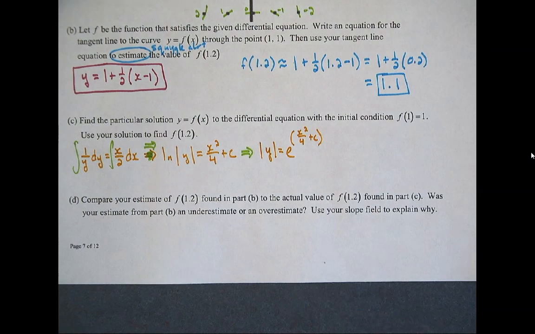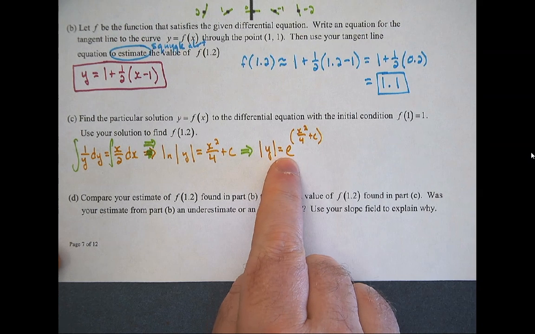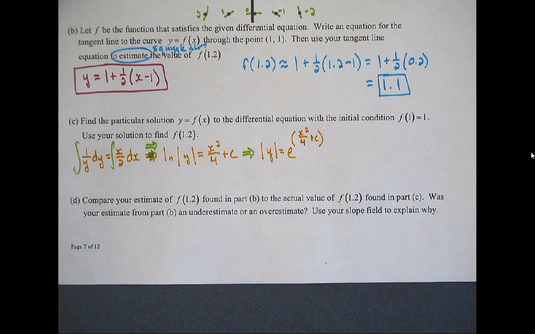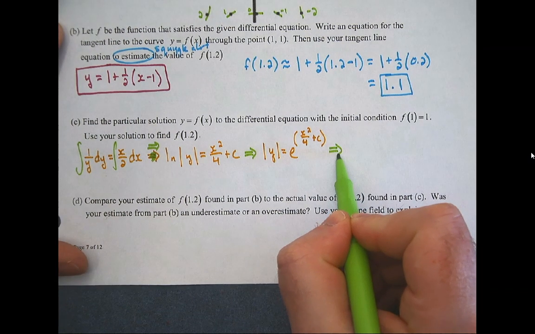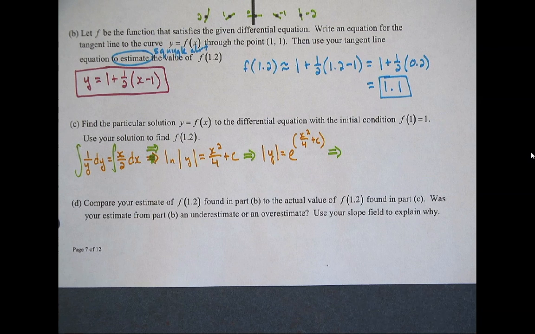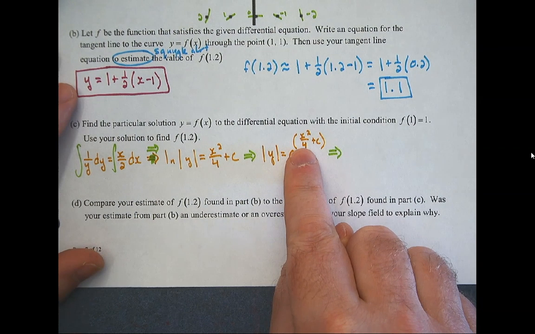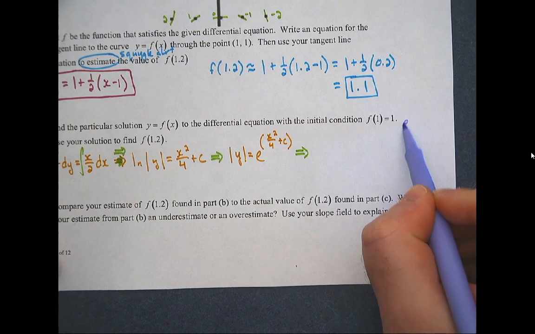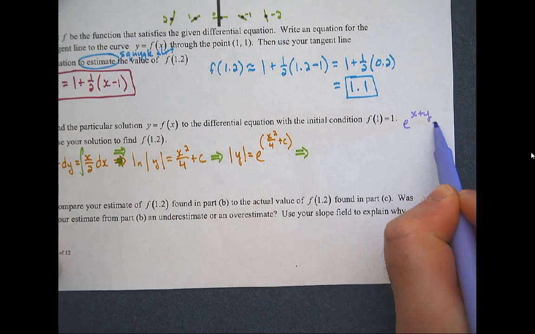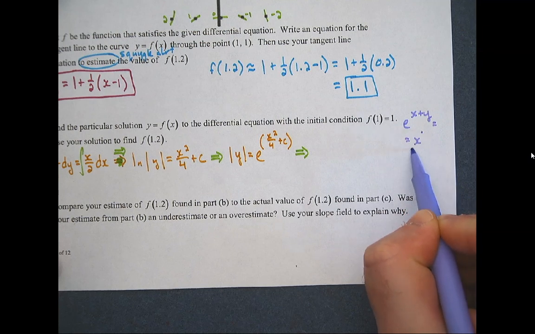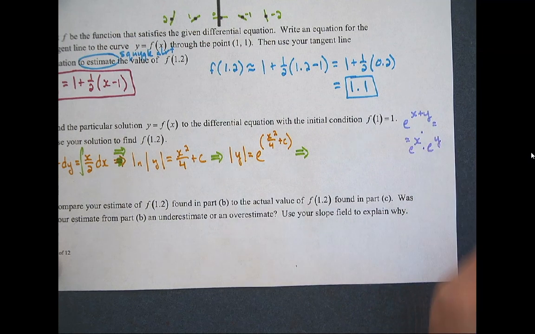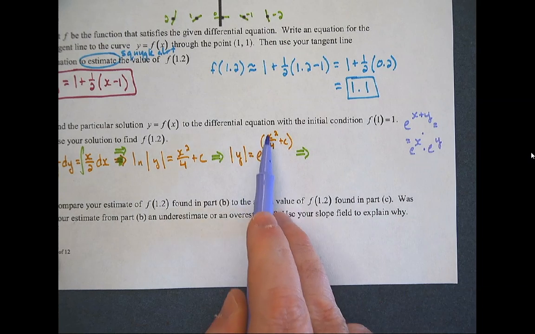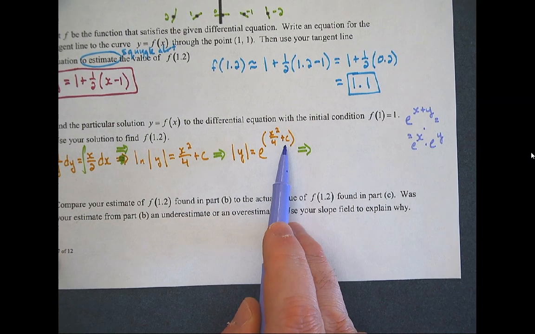Now, this is that spot where you could go two ways from here. If you want to, you can get rid of the absolute value by making this a plus or minus, and then you've got to come back at the end and double check to see if it's a plus or minus. Or you can use that trick that we talked about last lesson. So I'm going to do the trick. That's where I break up e to the something plus something else. In other words, e to the x plus y is equal to e to the x times e to the y. So we can break this up into e to the x squared over 4 times e to the c.